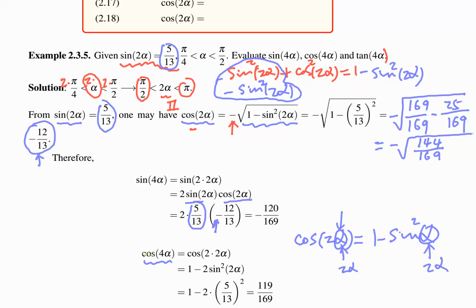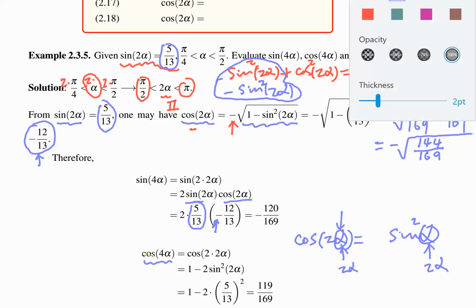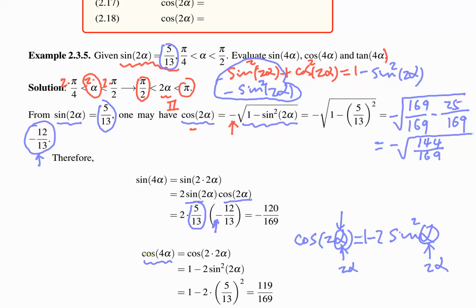Cosine 4 alpha. And then, here we forgot 2 here. Let me erase that. It should be like 1 minus 2 sine alpha squared.